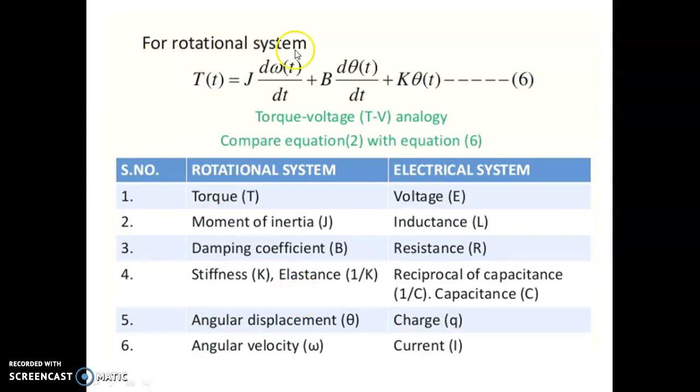Then if you have a rotational system, another set of electrical elements will be replaced by the rotational system elements: the torque voltage analogy.